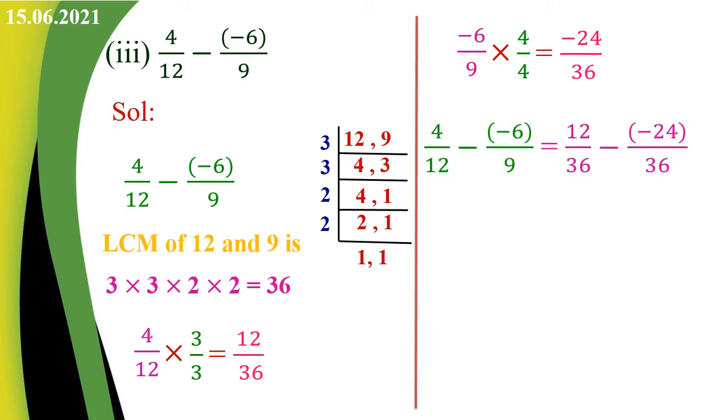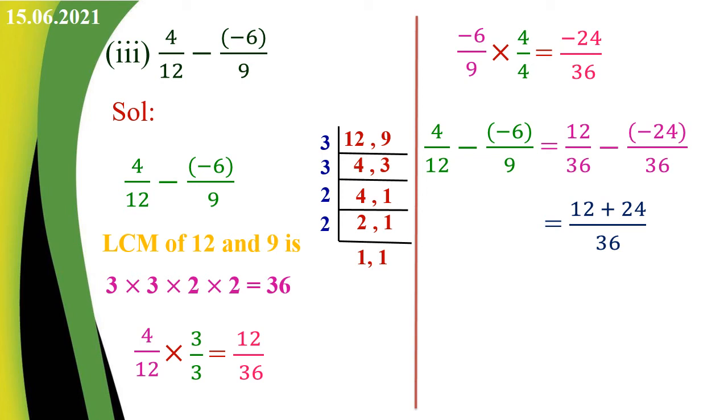Now substitute the value. We get 4 by 12 minus 6 by 9 which is equal to 12 by 36 minus 24 by 36. Here both negative sign. Both sign in between hide a multiplication sign.